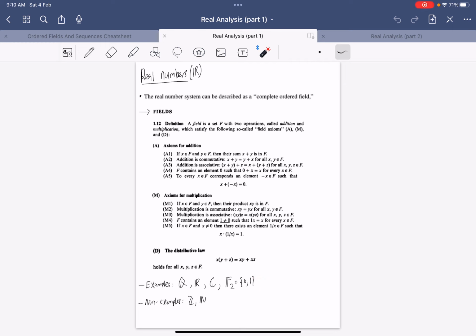Some non-examples of fields are the natural numbers and integers, because for multiplication there does not exist an inverse that is still an integer or natural number, so it doesn't hold true.